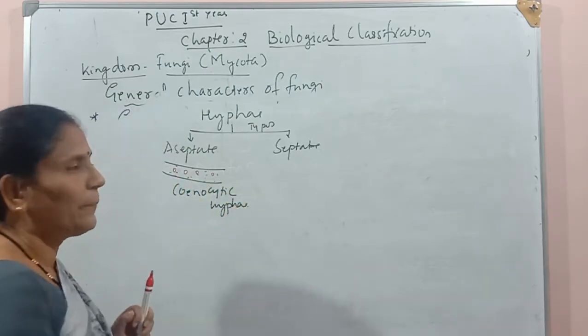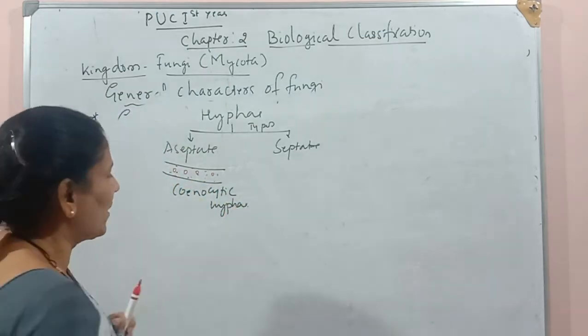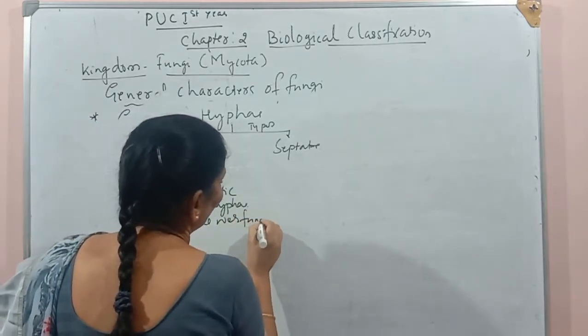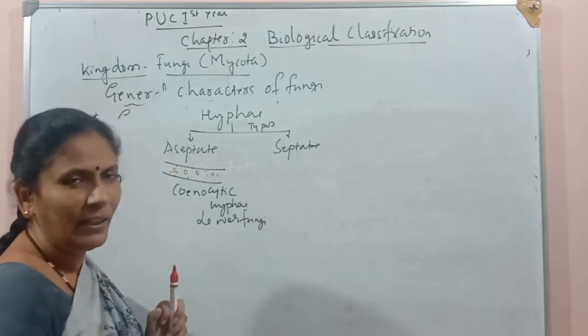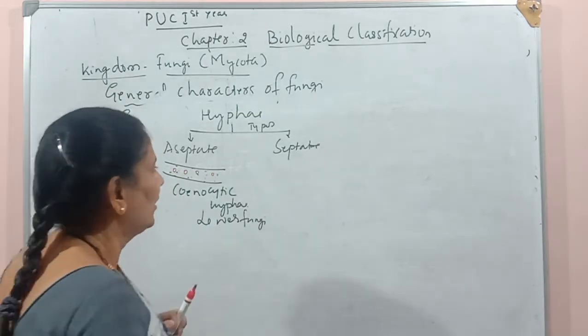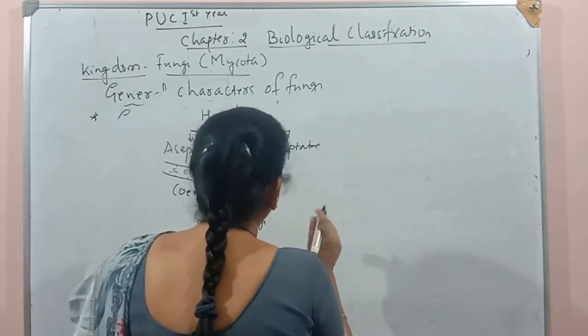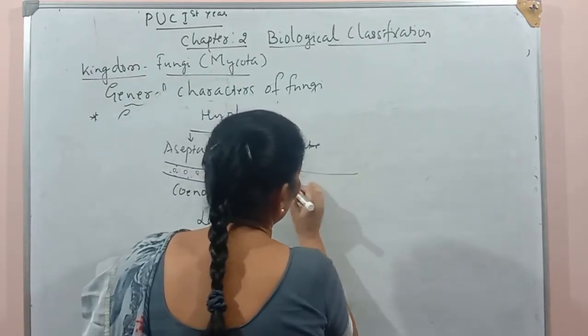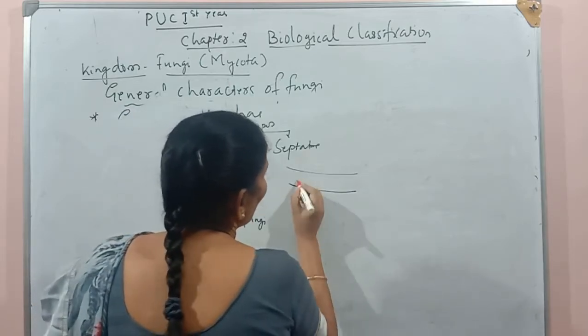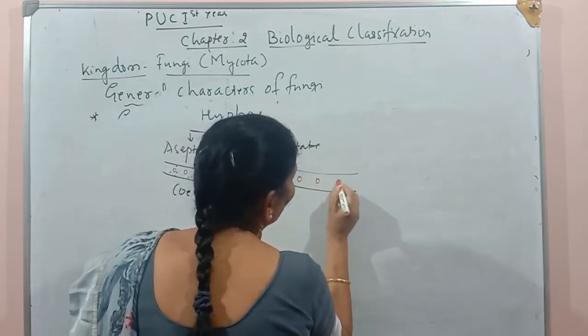Aseptate hypha is usually present in lower fungi like Phycomycetes.